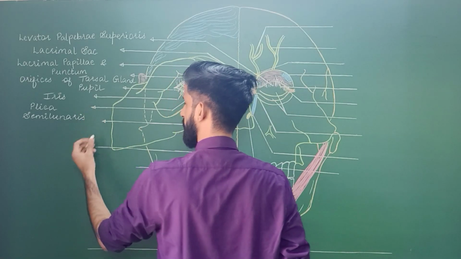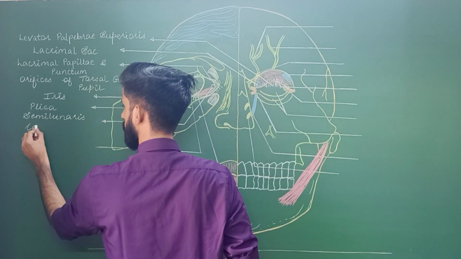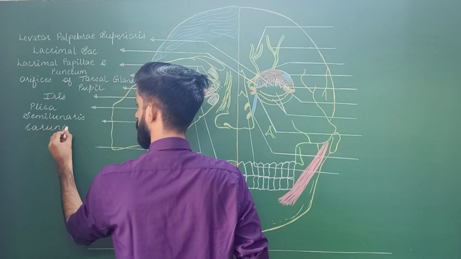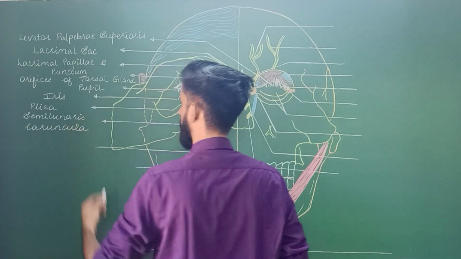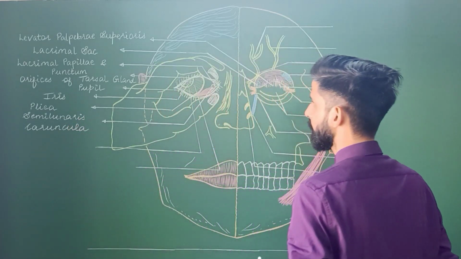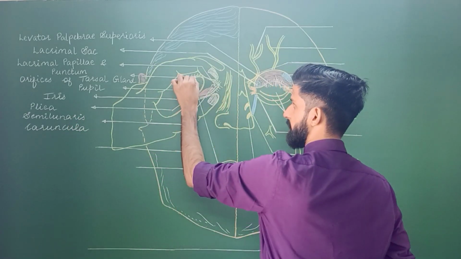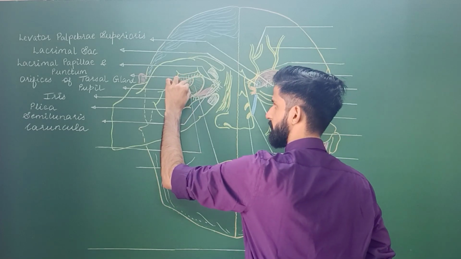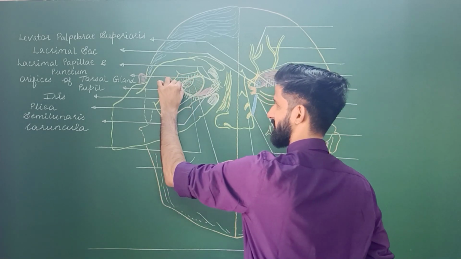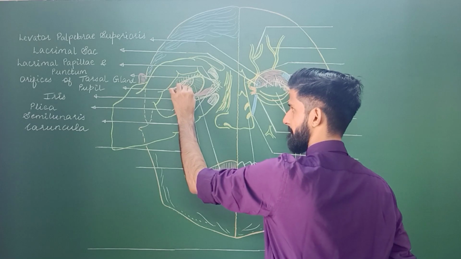This is called as Carunculus, or we can call it as Caruncula. Moving on, next. Then this margin of the lens, this will be sclera.